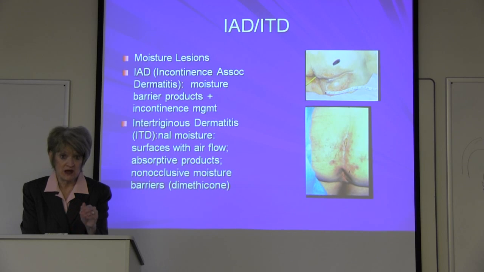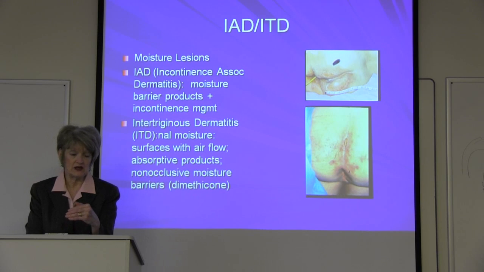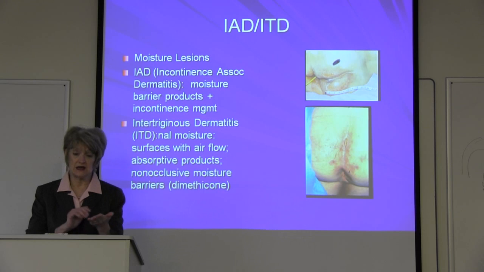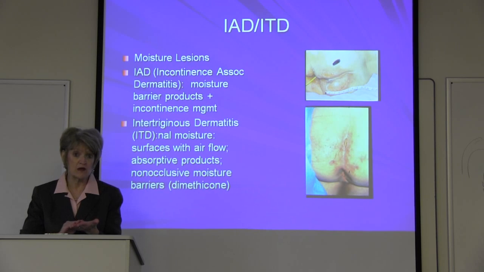Typically, that results in overhydration of the skin, very vulnerable skin. If you have liquid stool, it can result in enzymatic damage to the skin. If that overhydrated, extremely vulnerable skin is then exposed to minor trauma, you can end up with major skin loss.